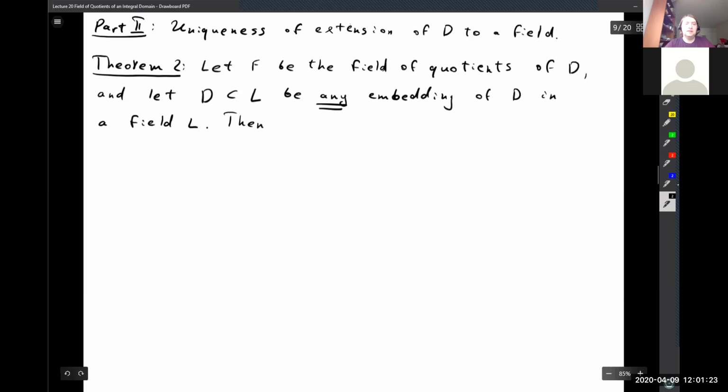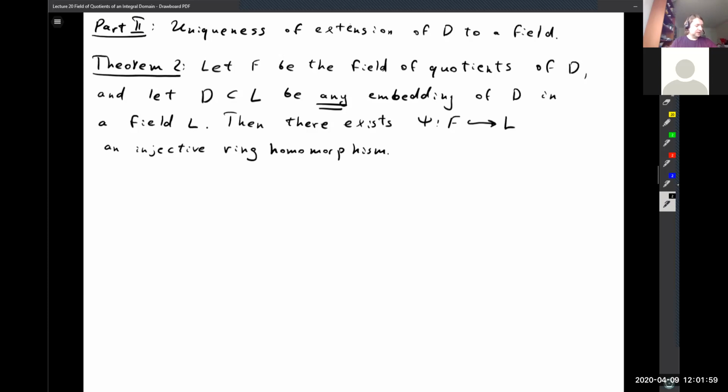Then there exists an injective ring homomorphism phi from F to L. Sorry, that's a bad statement, it's kind of misleading.